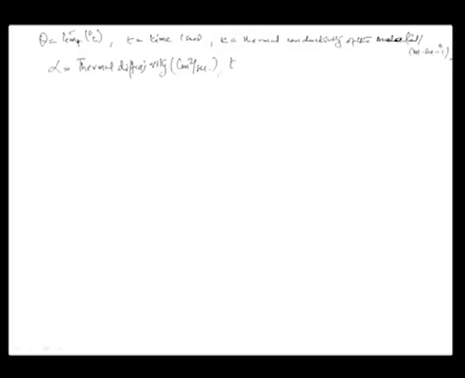Also we assume Td to be the discharge duration in seconds, and theta m to be the melting temperature in degrees Celsius, and these are all related to the workpiece.